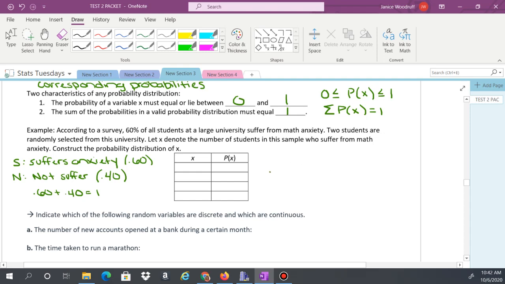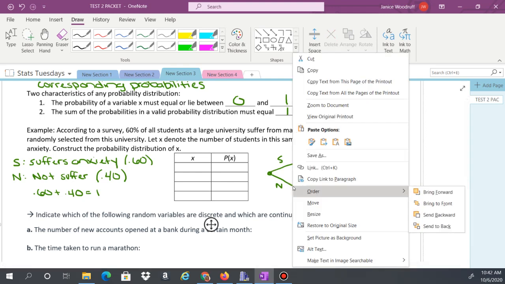So we can create a tree diagram. Because you're doing 2 basic pulls of a hat, on your first pull, you can either get someone who suffers or does not suffer. And then from there, you can get suffer or not suffer again, on either side.